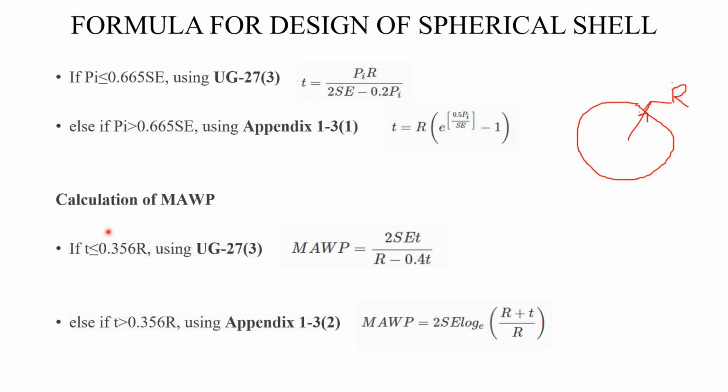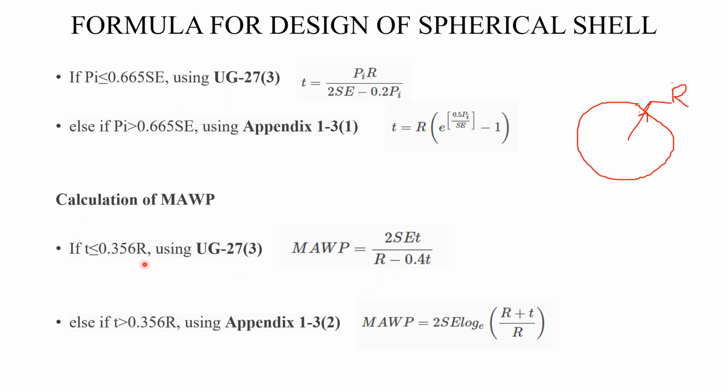So MAWP is maximum allowable working pressure. If your thickness of the shell is less than or equal to 0.356 R, in that case you use UG-27.3. So MAWP is equal to 2 SEt, t is thickness, divided by R minus 0.4 t.